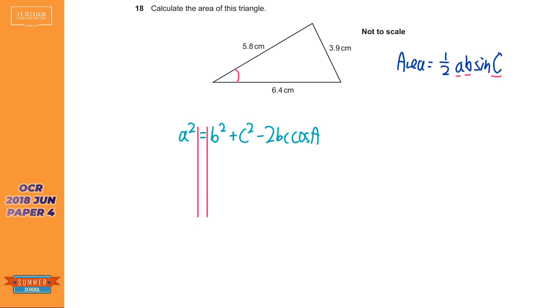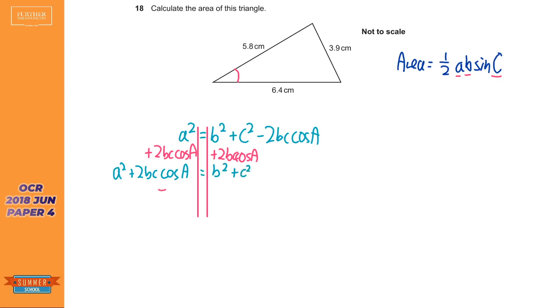So you might want to learn this, but we're just going to rearrange it. We're going to add 2bc cos A. So we've got a squared plus 2bc cos A, and we've just got the b squared plus c squared.